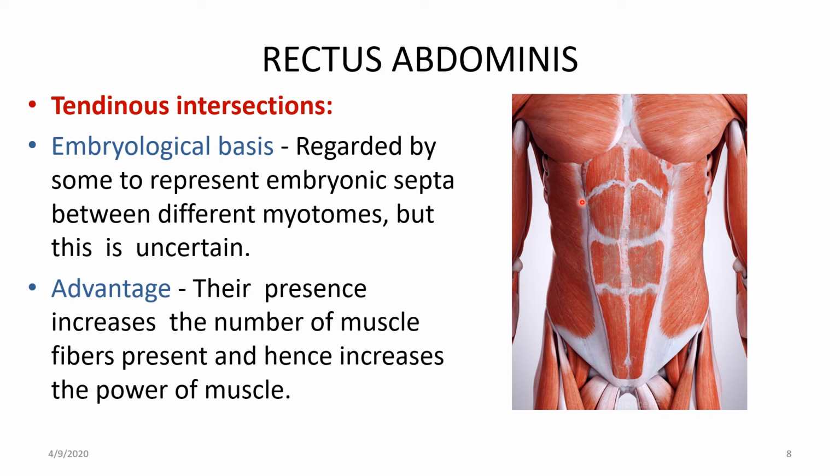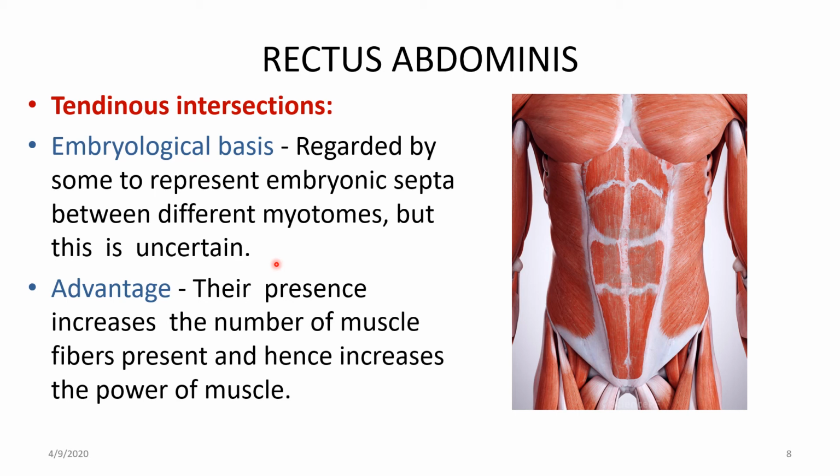They are regarded as representing the segmental origin of the muscle, that is the segments of myotomes that are joining with one another and forming the rectus abdominis muscle. So they are regarded by some to represent embryonic septa between different myotomes, but this is uncertain.